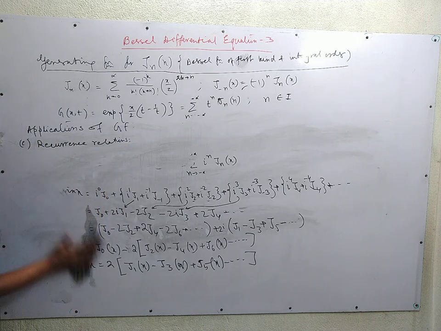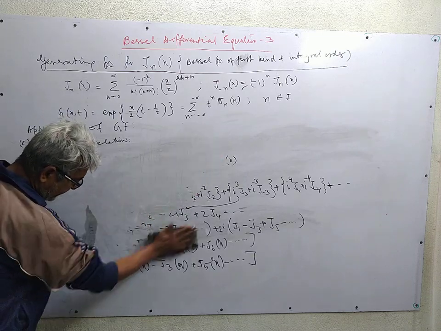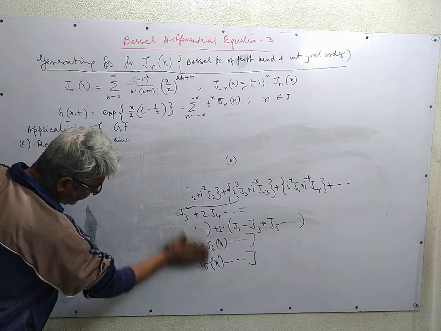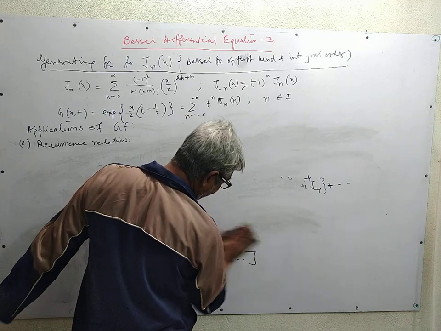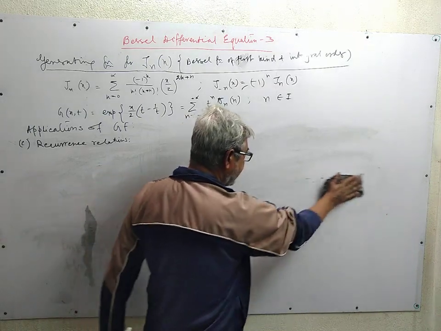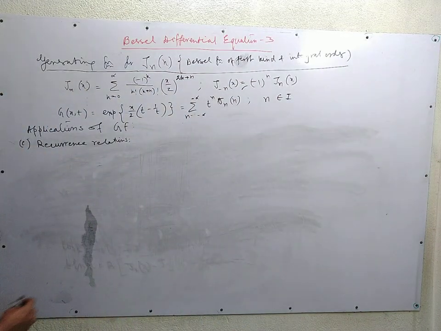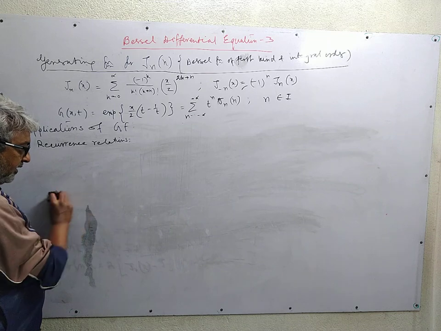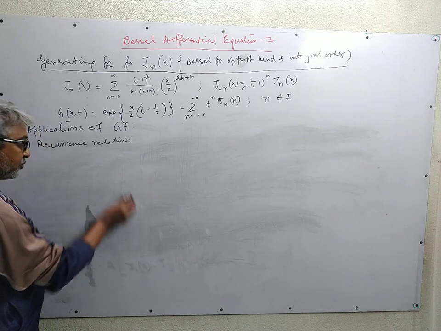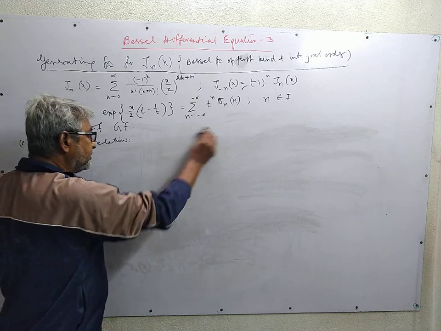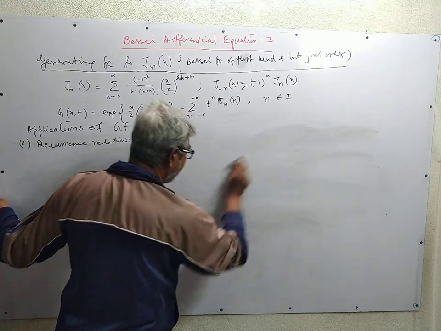As we are aware of the recurrence relations from our earlier studies on Legendre and Hermite polynomials, if we differentiate the generating function once with respect to the parameter t, we get a relation involving special functions of different orders, and if we differentiate the generating function partially with respect to the argument, then we get a relation involving the derivative of the special function and the special function itself of different orders.